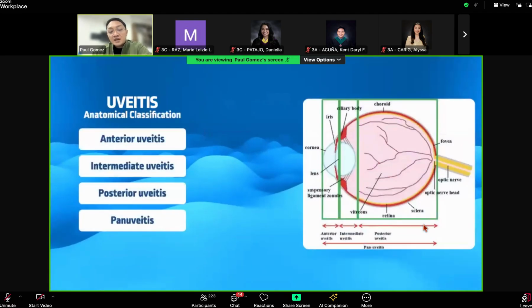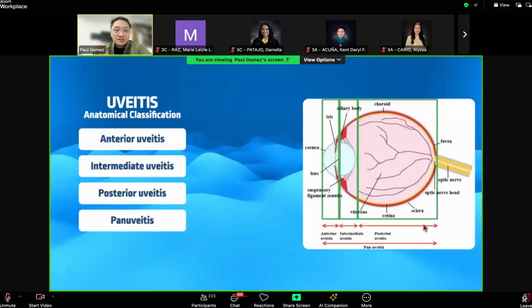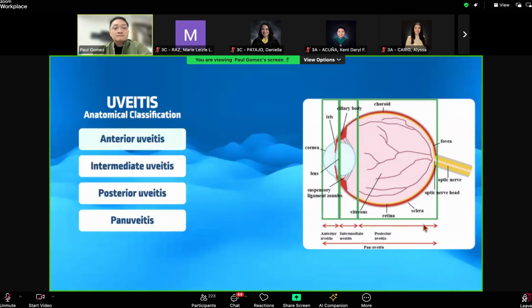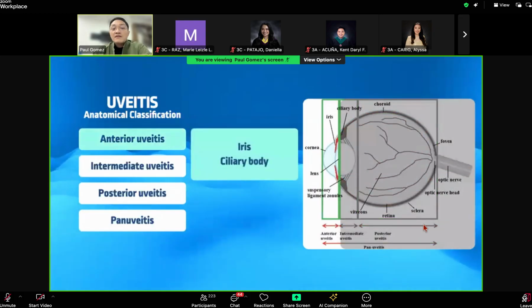So earlier, I've mentioned that we can classify uveitis according to the onset of symptoms: acute, chronic, and recurrent. But we proceed now to another way to classify uveitis, and that is based on anatomy or where the inflammation is located. If the iris and ciliary body are affected, that's coined as anterior uveitis.